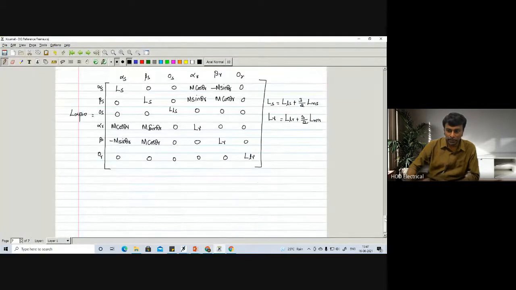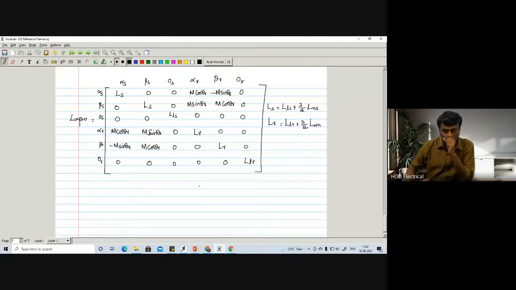We have written like this in the last class, and we already know Ls is equal to Lls plus 3 by 2 Lms. The 3 by 2 Lms is coming due to the conversion of 3-phase to 2-phase. This constant 3 by 2 is coming from that.